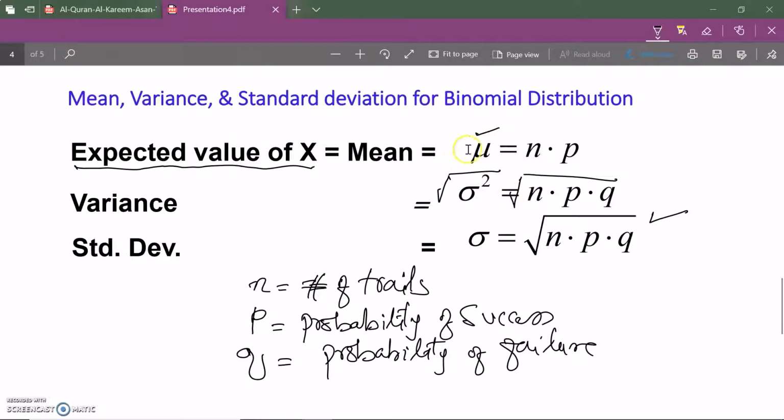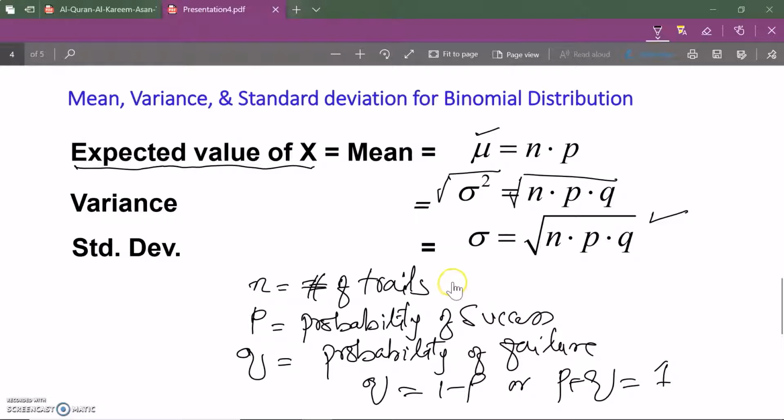So these are the things you need to know: n, p, and q. And I hope you remember that q is always equal to 1 minus p, or some people also write it like this: p plus q is always equal to 1. So these are the three formulas you need to remember, and by plugging values into them, we will be easily able to calculate the mean, variance, and standard deviation.